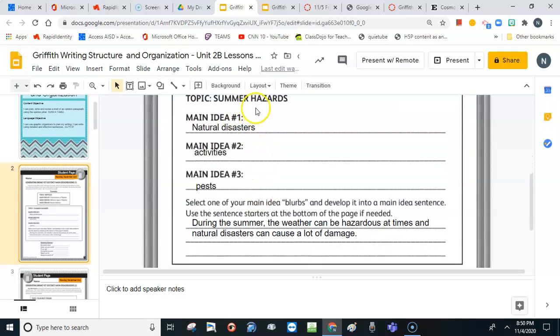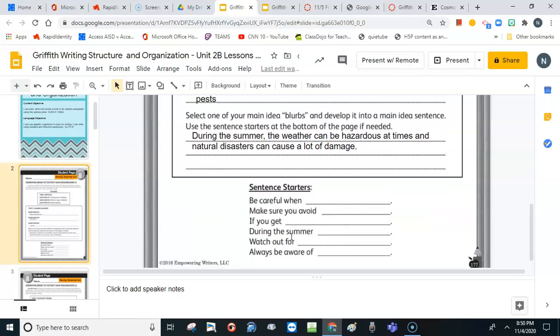We came up with a list of words that we knew about summer hazards, and then we grouped them together, and that's how we came up with our main idea blurbs: natural disasters, activities, and pests. And then we practiced changing those blurbs into complete sentences using the sentence starters. That's what we did on Monday.